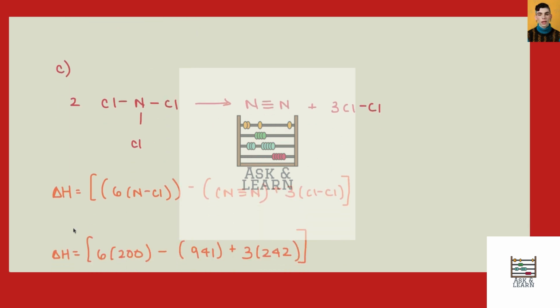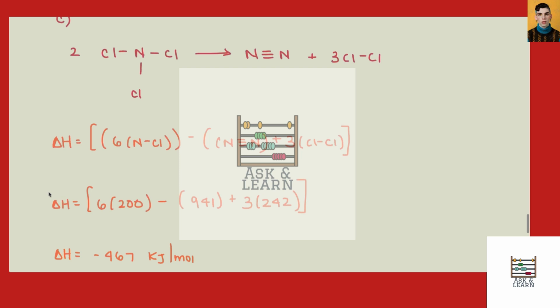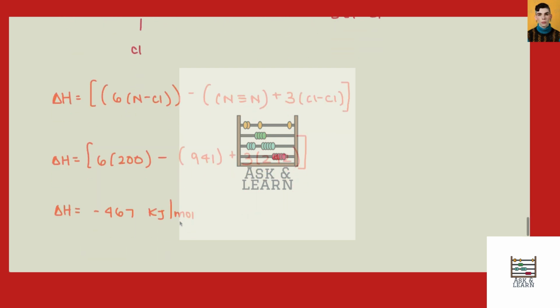So the enthalpy equation for this will look like 6 times the NCl bond minus the diatomic nitrogen bond plus 3 times the diatomic chlorine bond. Then again, just look these up in a table. We'll get that our enthalpy is equivalent to 6 times 200 minus 941 plus 3 times 242. We'll plug that into a calculator, and we'll get that the enthalpy of our reaction is negative 467 kilojoules per mole.